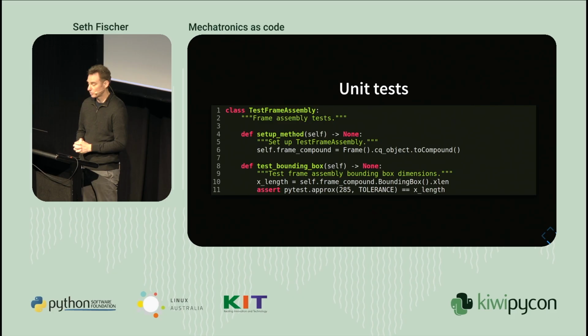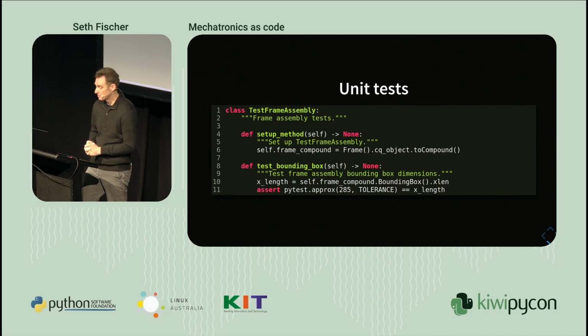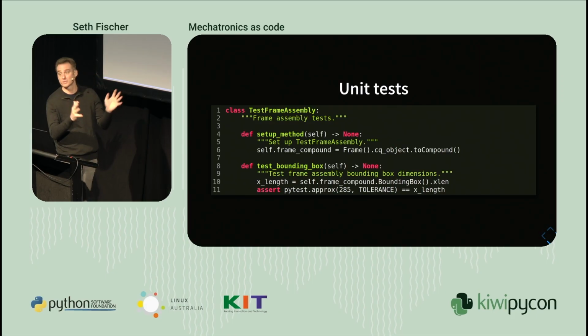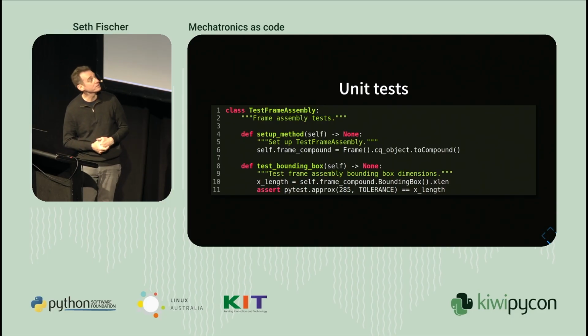And we can calculate volume. So all these properties can be used in our unit tests. In the example shown, I'm testing that an assembly of parts has the expected dimensions. That is, it fits within a particular bounding box with an X length of 285.